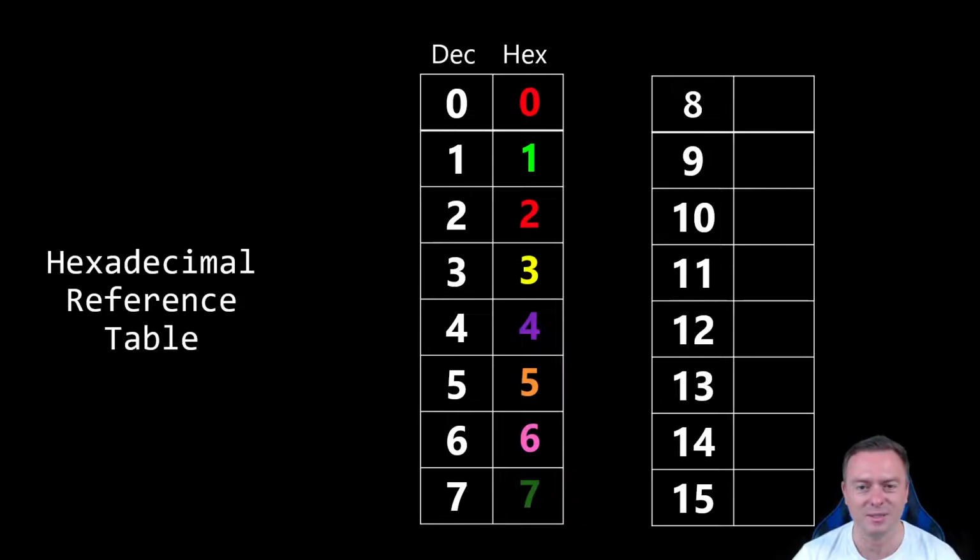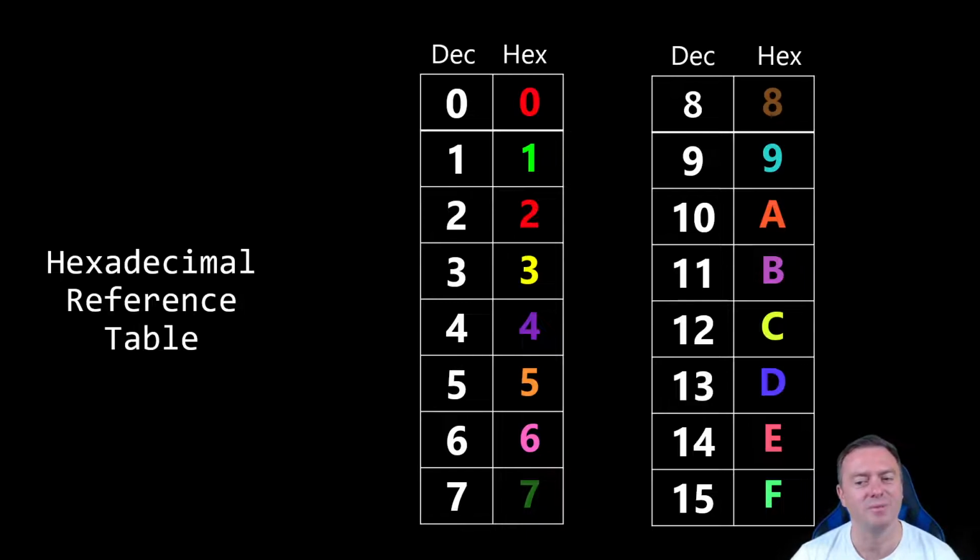So it's the same system, except we're going to need extra characters for our system to work, won't we? So when we get past 9, that's why we use A, B, C, D, E, and F. So A represents 10, B is 11, C is 12, D is 13, E is 14, and then F is 15.